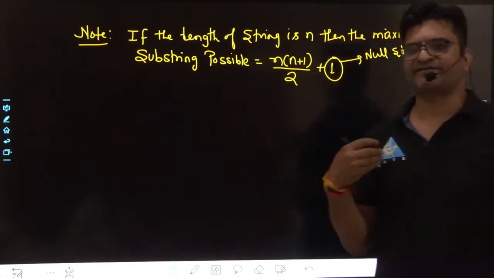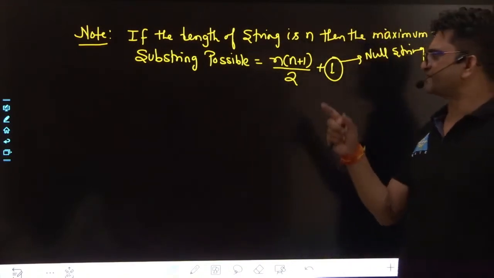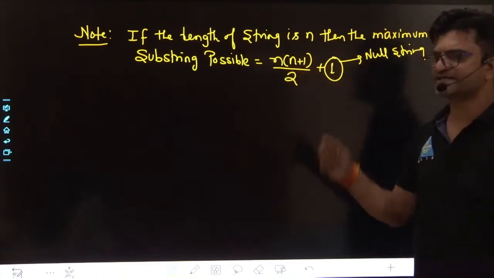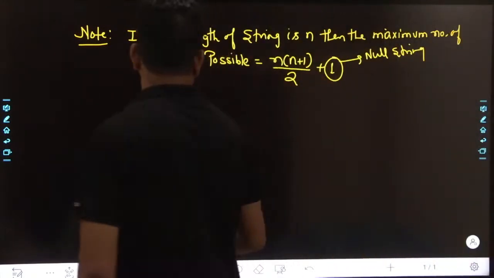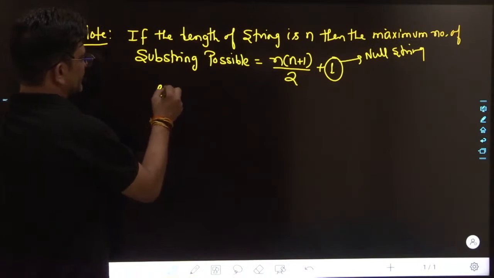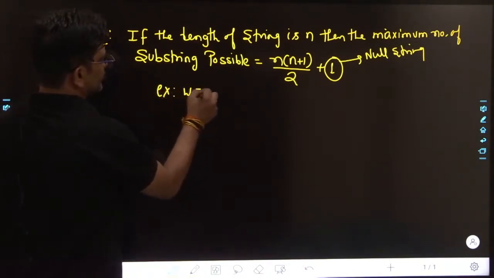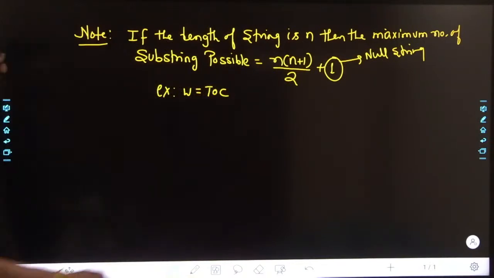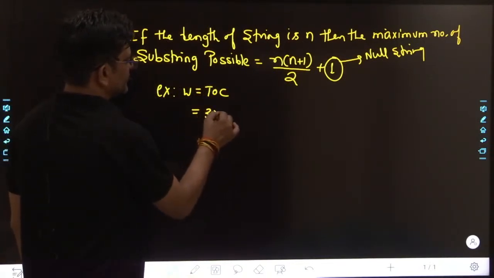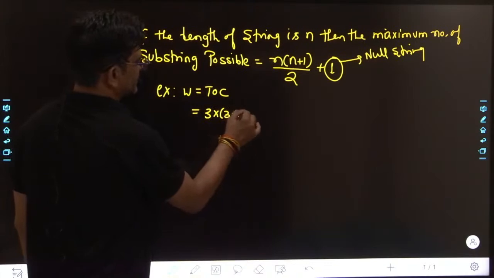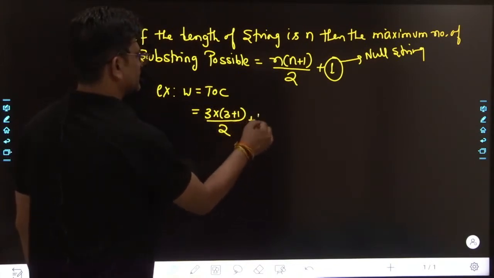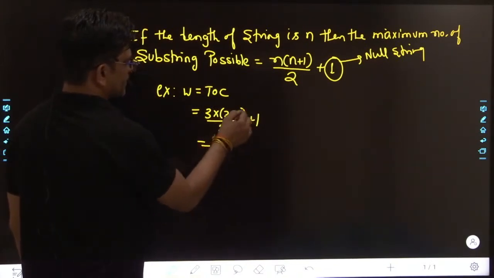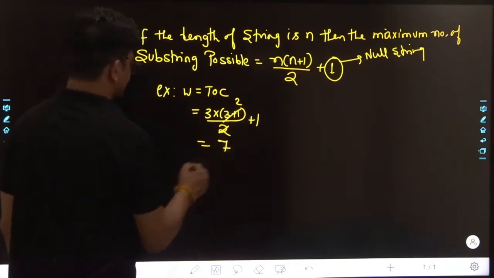If a character is repeated, then the number of substrings is less than this. In the first example, the string TOC has every character unique, so 3 into 3 plus 1 divided by 2 plus 1 is 7.